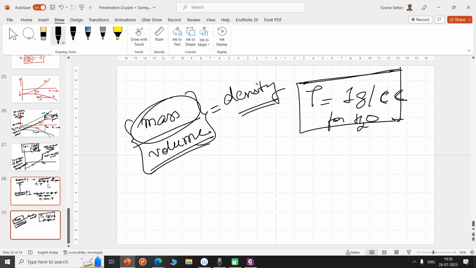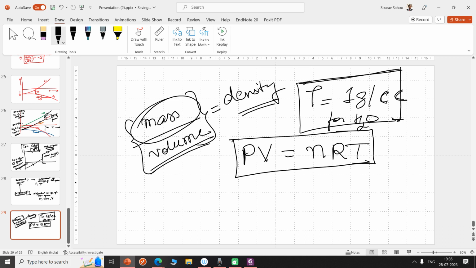And interestingly, we know the ideal gas equation, right, PV is equal to nRT. The pressure times volume is equal to the number of moles times the ideal gas constant times temperature.